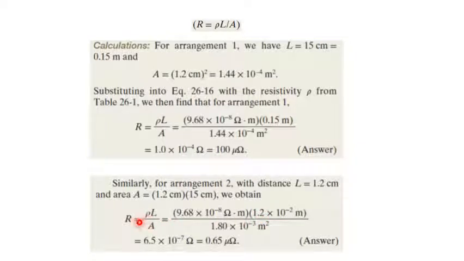So the resistance is rho multiplied by L over A, where rho is 9.68 multiplied by 10 to the power minus 8, the length is 1.2 multiplied by 10 to the power minus 2 meters, and the area is 1.8 multiplied by 10 to the power minus 3 meters squared. By calculating, we obtain a resistance of 0.65 micro ohm.